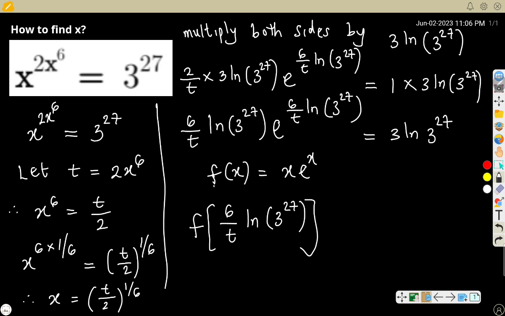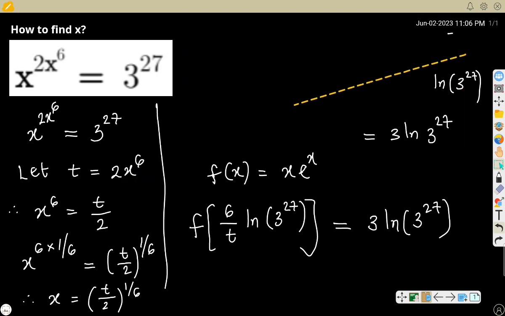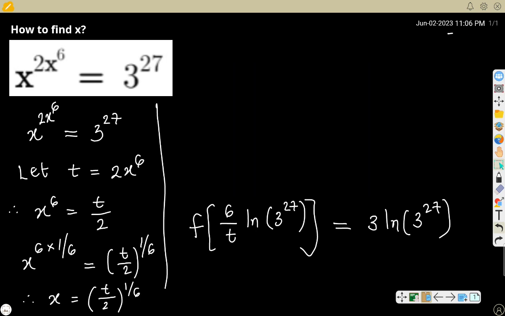Because if I say f of s, so everything here is s e raised to power s, which is this. So that is the technique. So f of this is equal to 3 ln 3 raised to power 27. So from here, I'll take the product log of both sides. The advantage of this method is that it can solve any of these equations. Because if this gives you a decimal point, any other method may fail, but with this, the method will not fail.